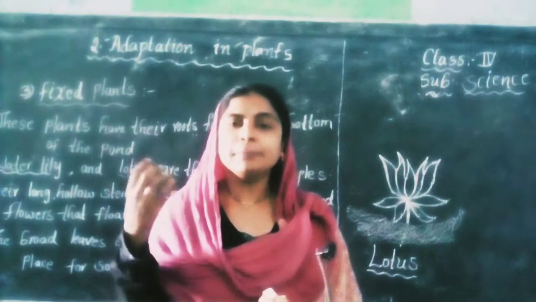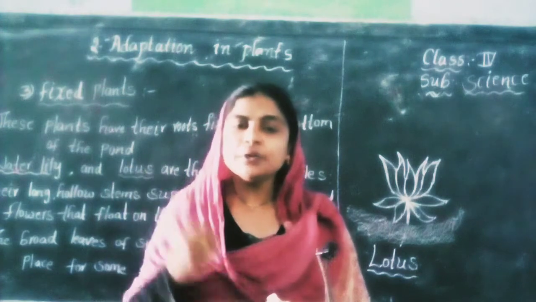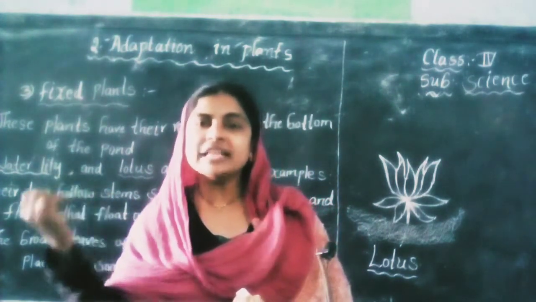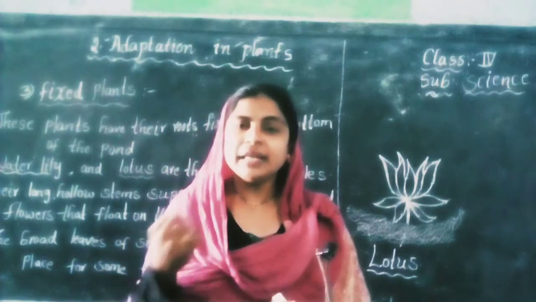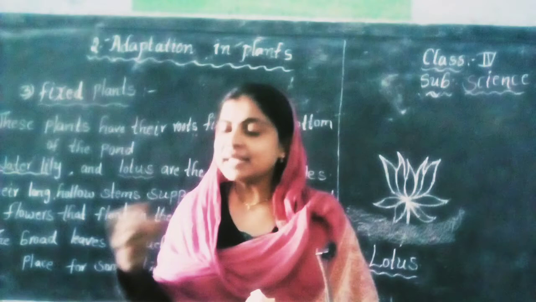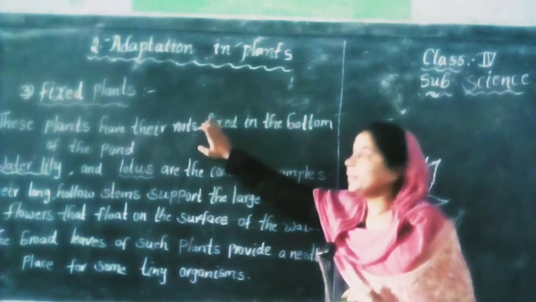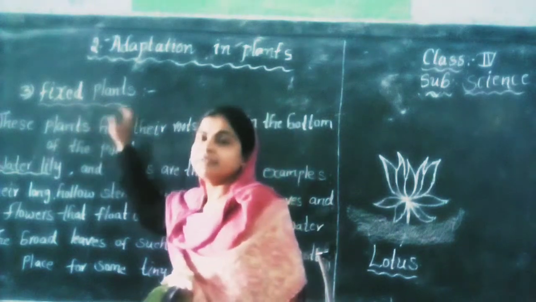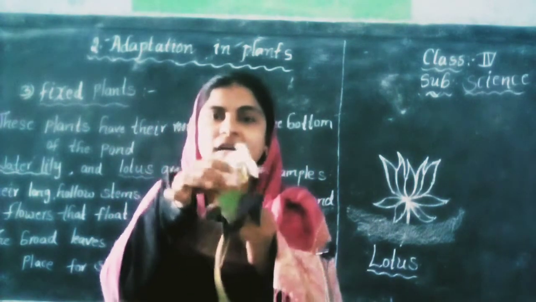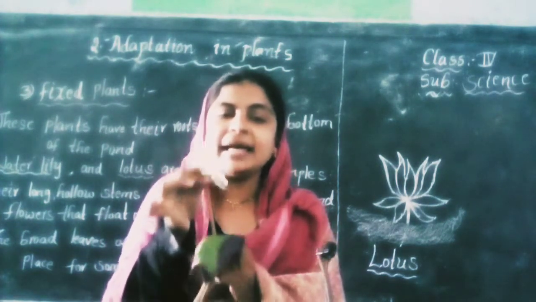Free floating plants, for example, water lettuce and duckweed. Underwater plants, for example, tape grass and pondweed. In this class we are discussing fixed plants. Third one, fixed plants.